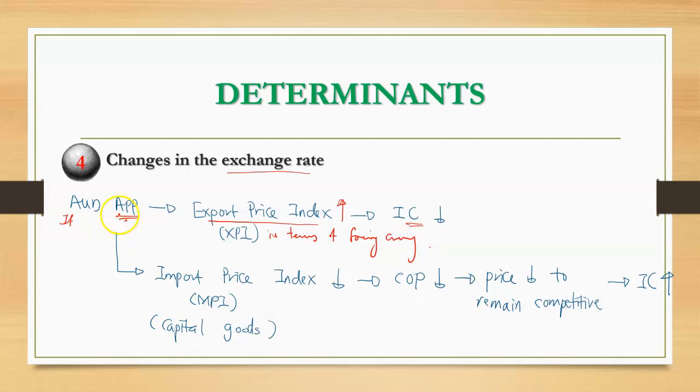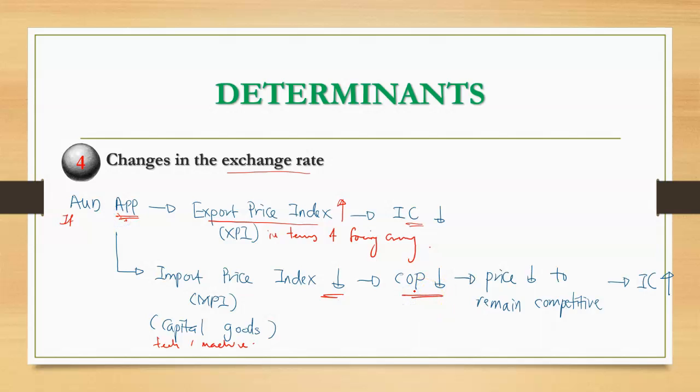Now in terms of imports, when our currency appreciates, of course, we will find our import prices lower. Australia is a country that imports quite a bit of capital goods. What are capital goods? For example, technology and machines. We do import quite a bit of those things, and now that the import price is lower because our currency appreciated, our cost of production would be lower.